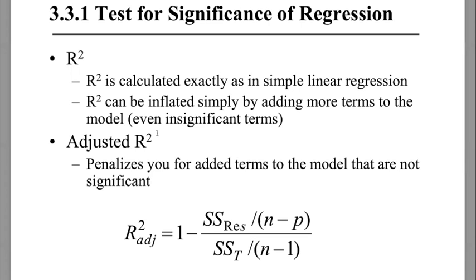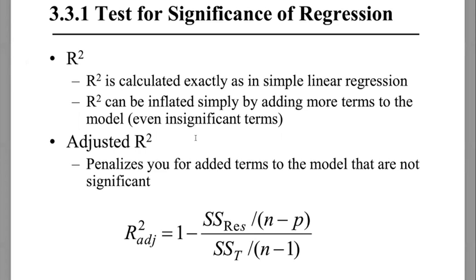Now, perhaps a better measure to use would be what's called the adjusted R squared. The adjusted R squared is based on the actual R squared, but it penalizes the R squared for the number of terms in the model.